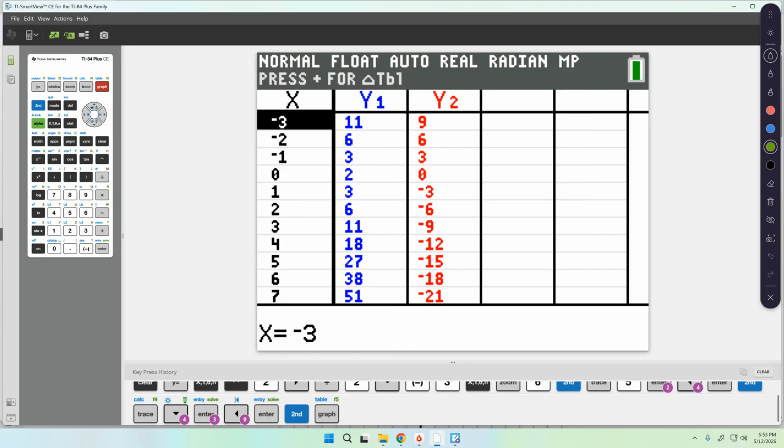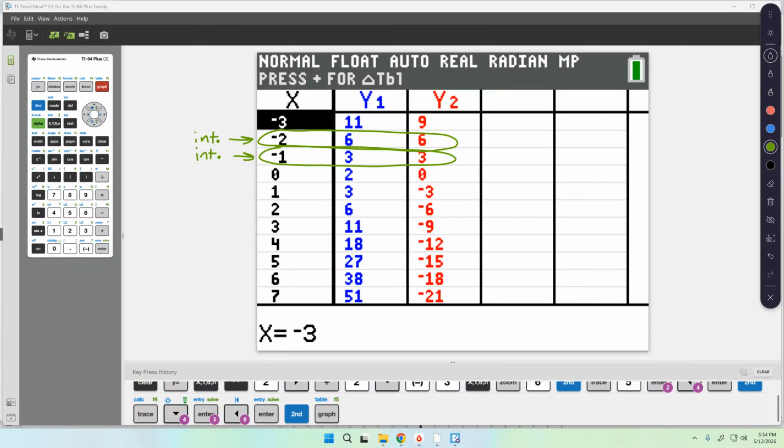So if we look, when x is negative 1, the y values for y1 and y2 are the same. When x is negative 2, the y values for y1 and y2 are the same. That's unique to those 2 points. It doesn't occur anywhere else. So that tells us these are our points of intersection. So now we're able to find points of intersection just from the table.